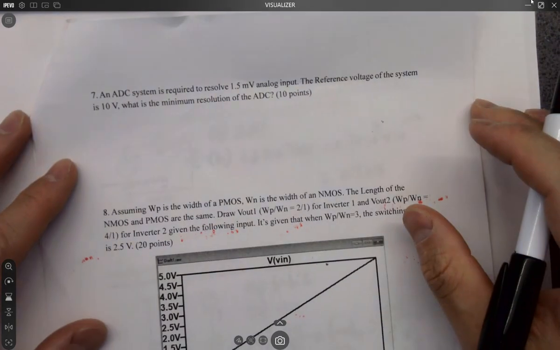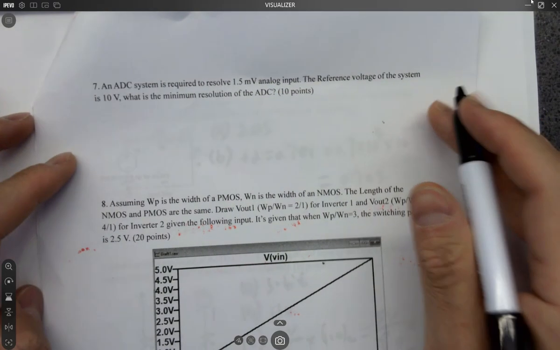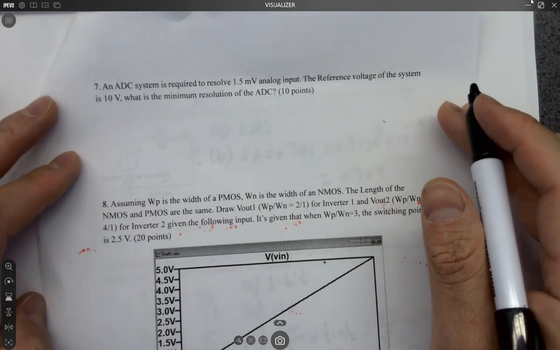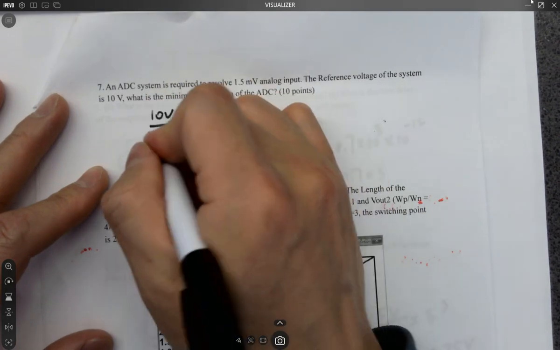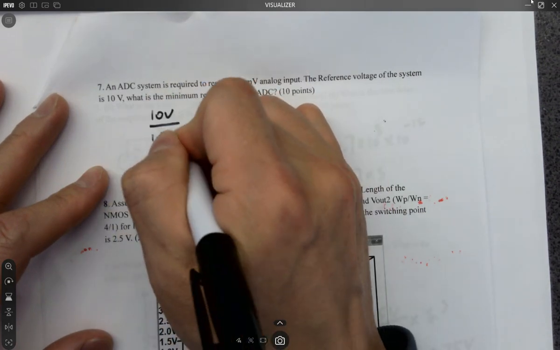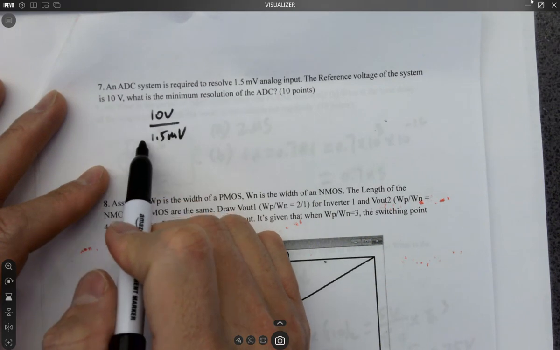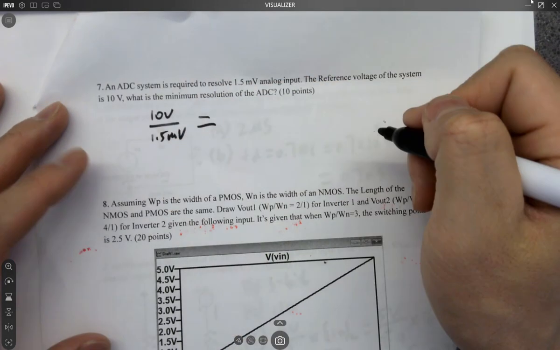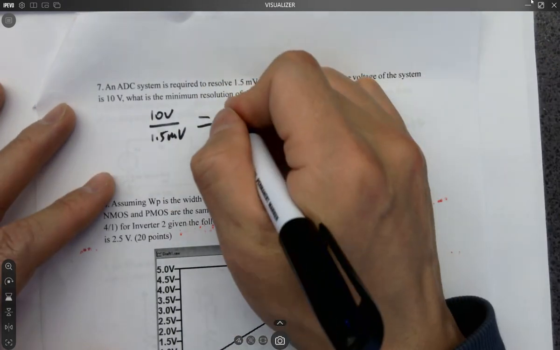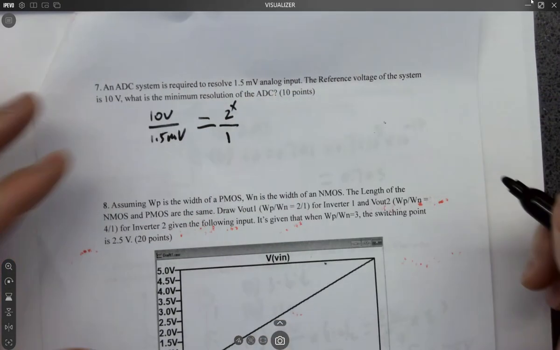For this one, the equation to calculate the resolution is 10 volts divided by 1.5 millivolts. That's the ratio of the full range divided by the smallest voltage it can resolve. If you convert it to the digital domain, it will be 2 to the x, the total number of steps, divided by 1 LSB.